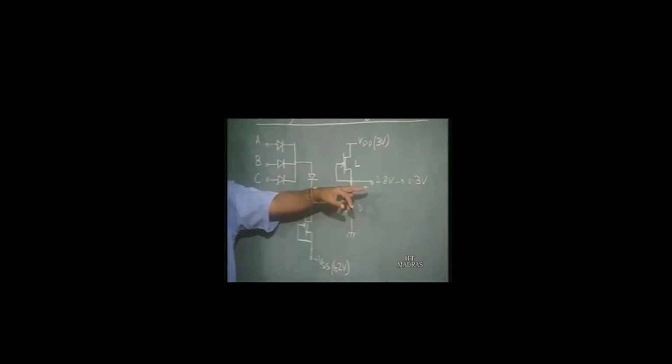That is, when all the input voltages are low here, it would ensure that the driver transistor here is off. So, the output is going to be high. So, when all inputs are low, the output is high.